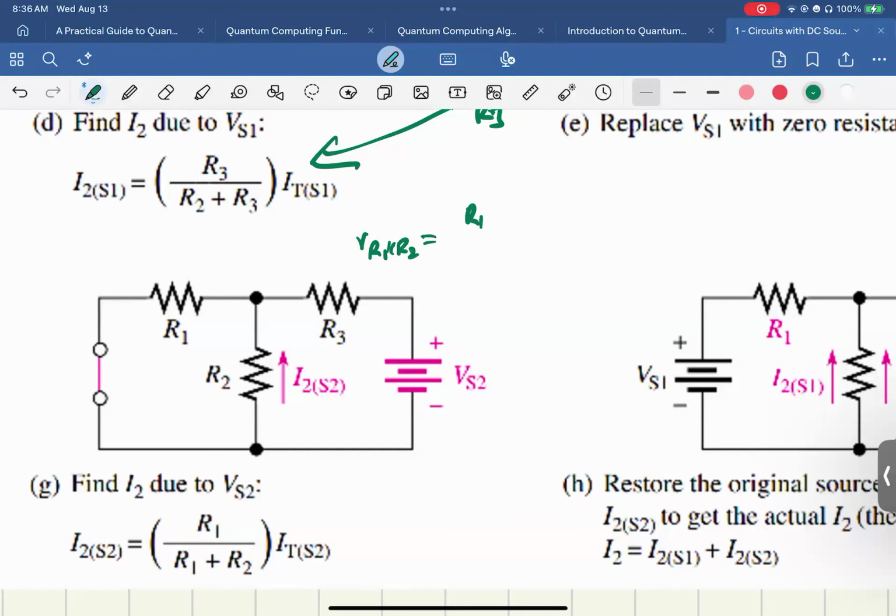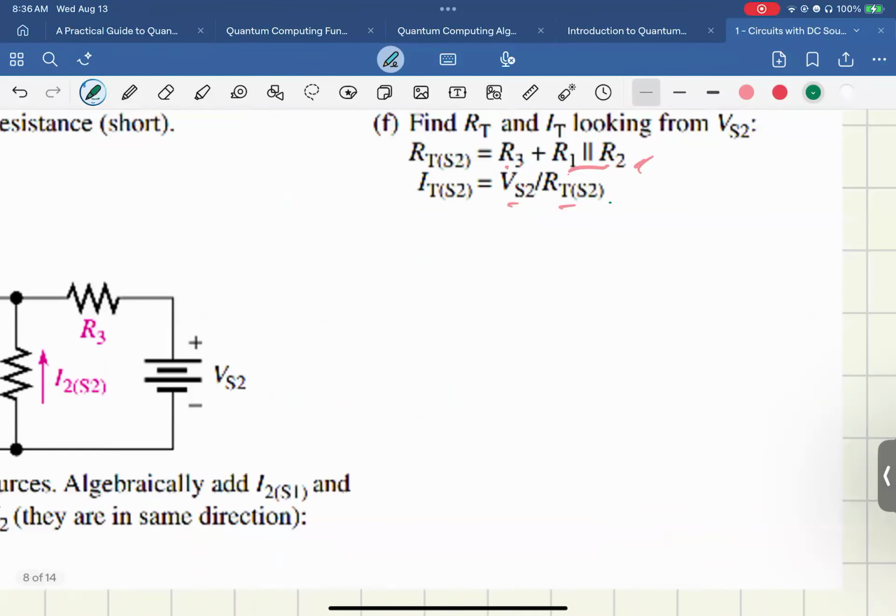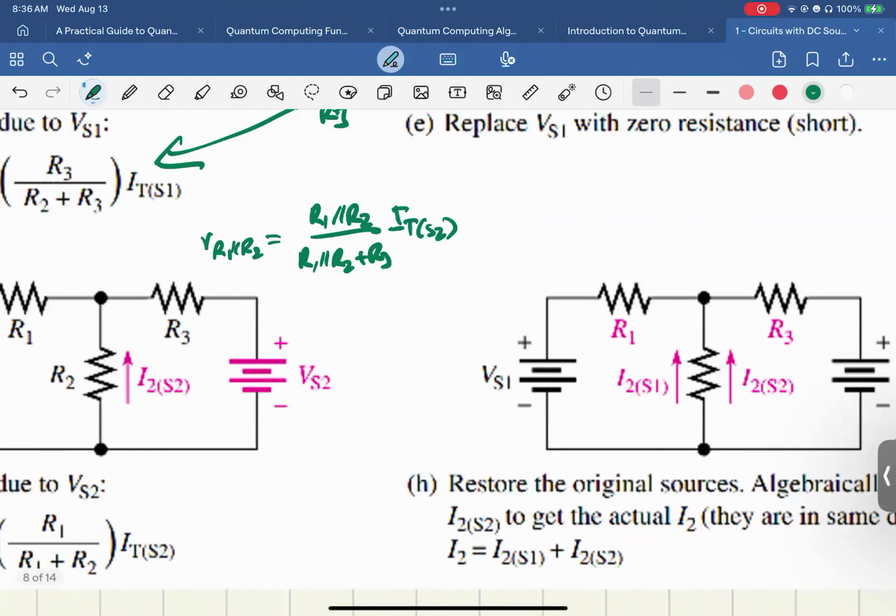So that's R1 parallel R2 over R1 parallel R2 plus R3, and then VS. Okay, yan. Ito yung ITS2.